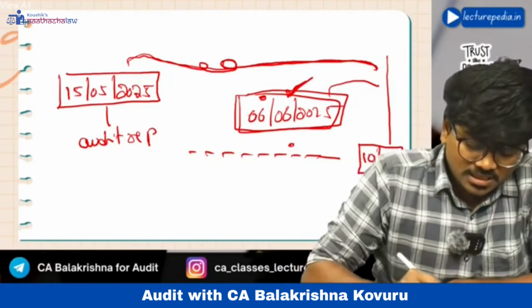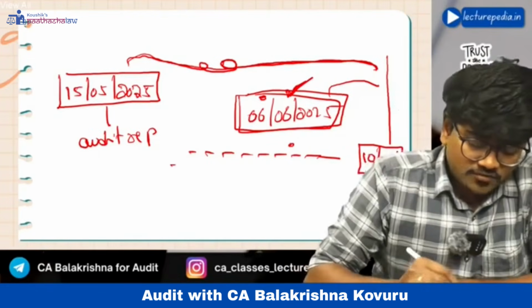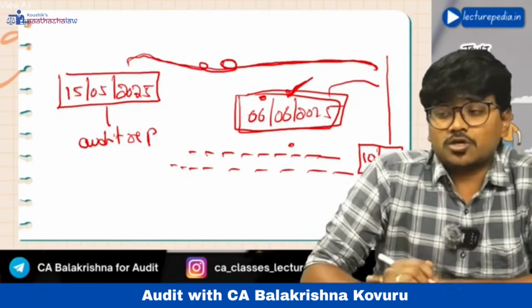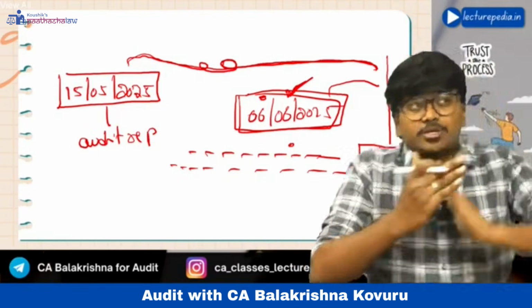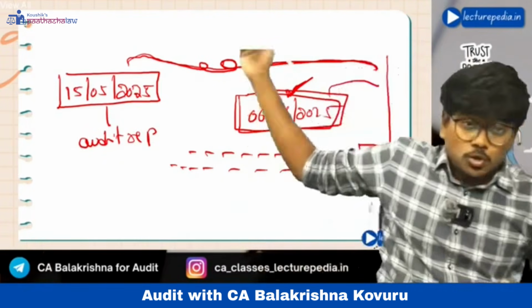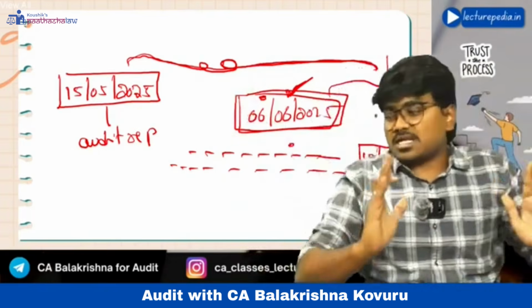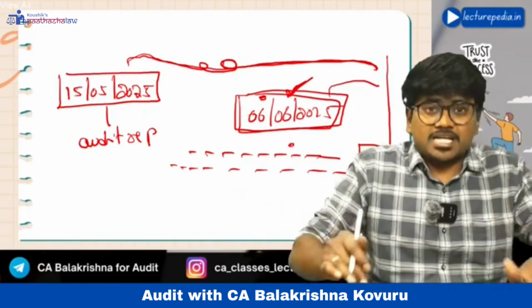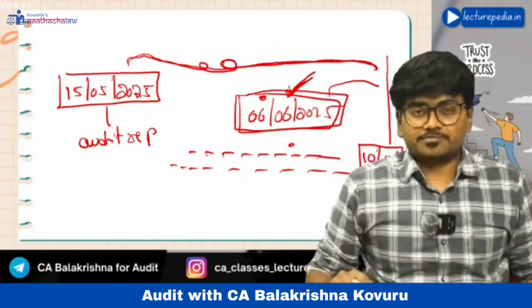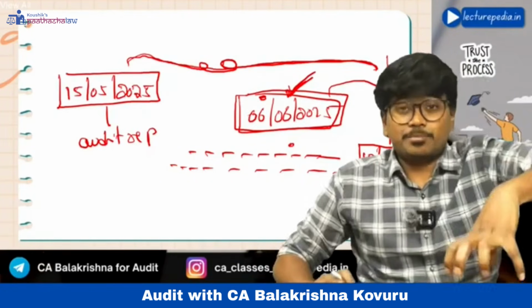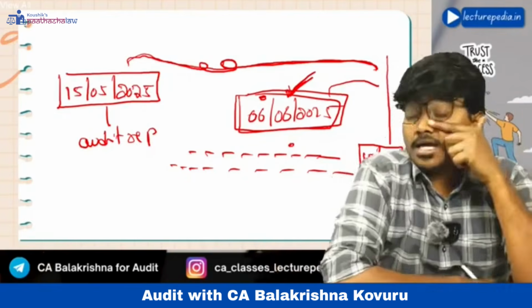You need not consider all these events that occur between 15th May 2025 to 10th June 2025 as subsequent events. Only events that occurred between 31st March 2025 to 15th May 2025 can be considered as subsequent events, if management has restricted its amendment only to this particular fact. Hope you understood this. This is the meaning of that particular paragraph 12.